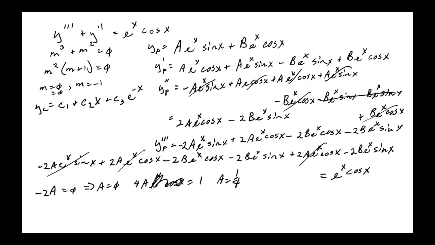I think I must have made an error somewhere here. Wait. Well, what we're calling a, they're calling b. But still it's wrong. Yeah, but there's none that comes out 1/4. And certainly you can't have 1 equals 0 and 1 equals 1/4 anyway. So there is an error somewhere in here.